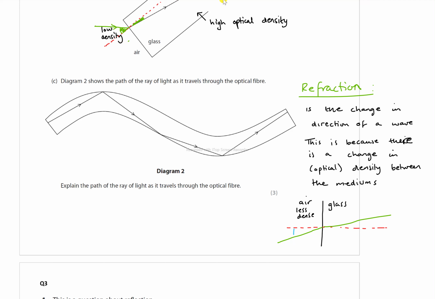So this is big, just say, for example, 20 degrees, and this might be 15 degrees, this is going to be small.